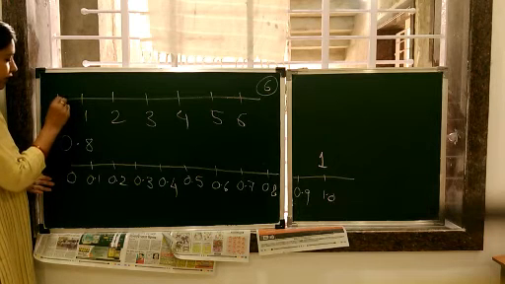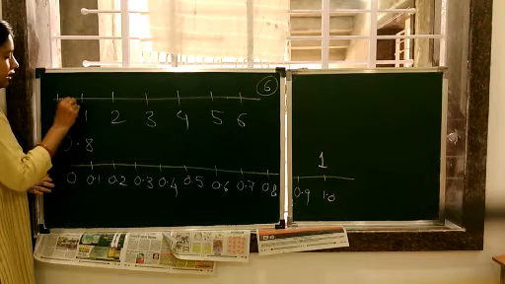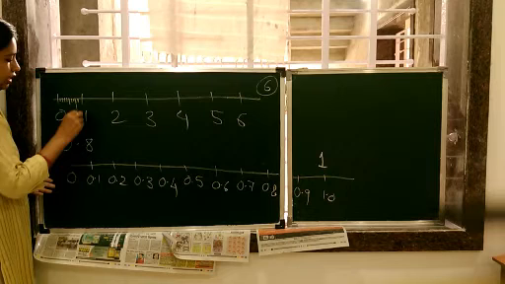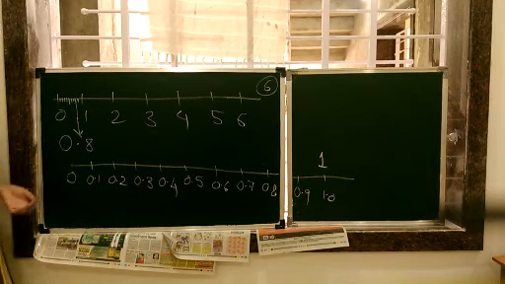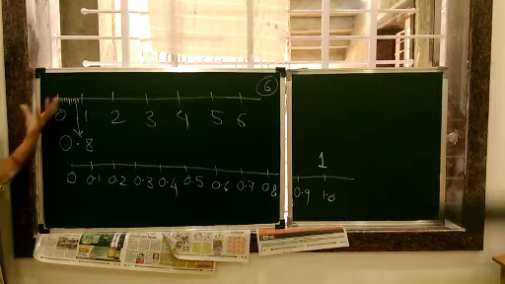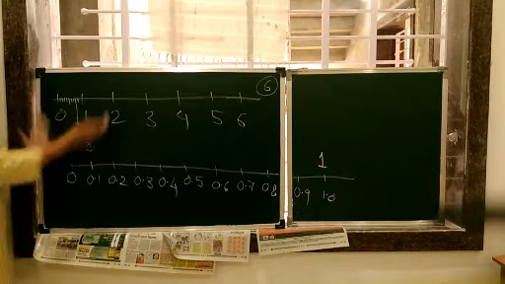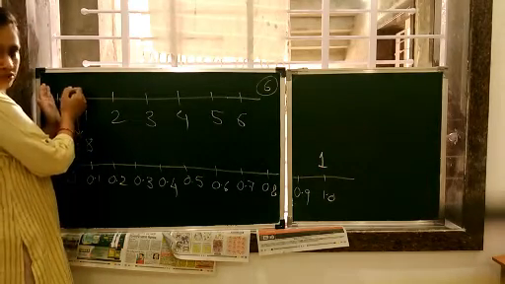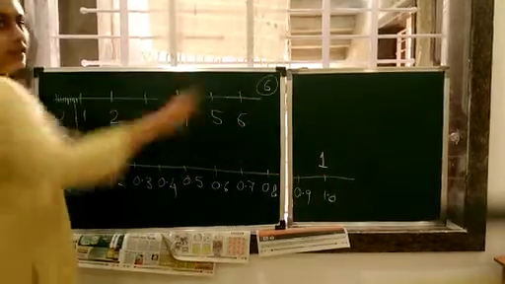So if I want to show 0.8 here, it will be small lines, very close to one another, 8 lines. That is 1, 2, 3, 4, 5, 6, 7, 8, 9. So this is 0.8. We are not drawing anything extra here. We have just expanded it. इसको zoom कर दिया हमने, 1 सेंटीमीटर को zoom करके दिखा दिया.